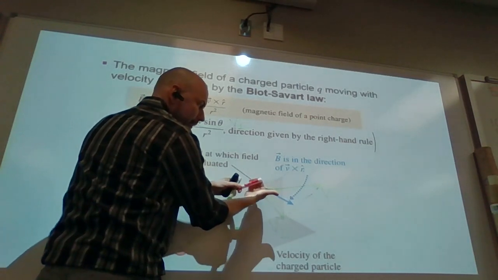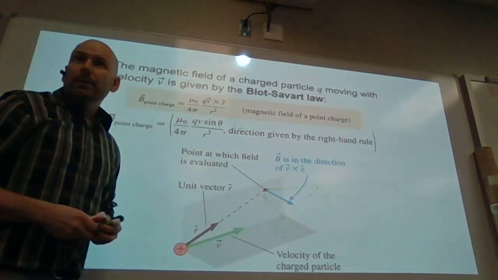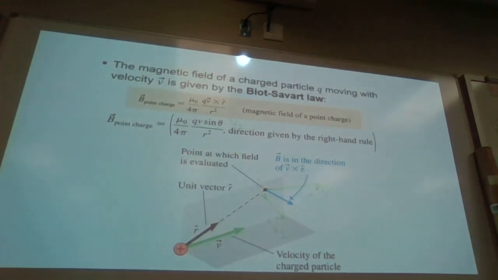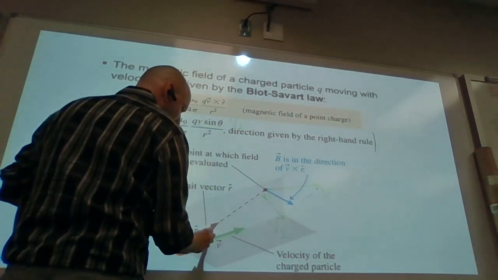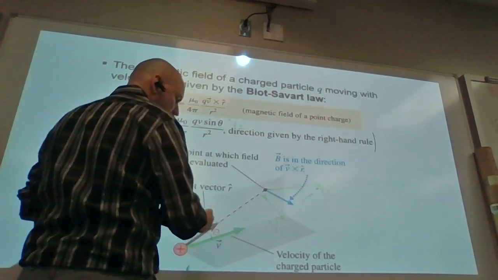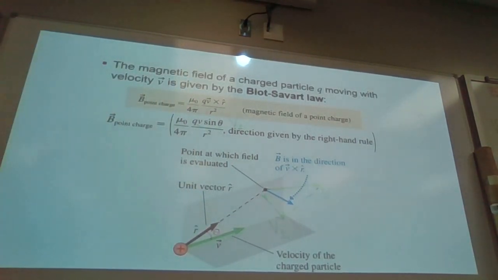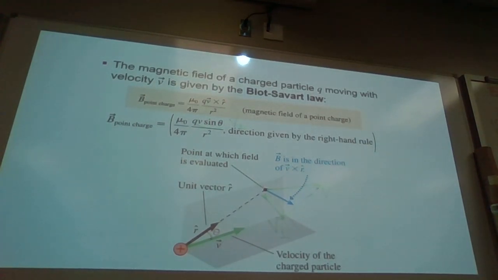And right at this location, it gets stronger. The angle they're referring to, theta here, is the angle between the velocity vector and that radius vector. Good with that?